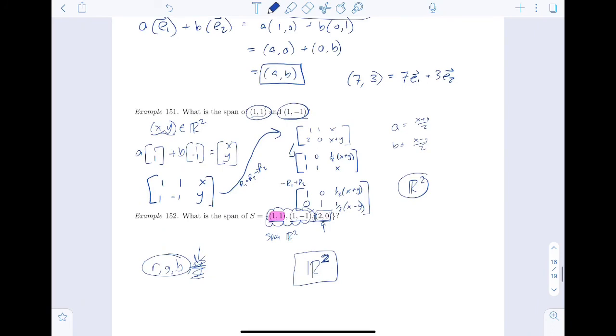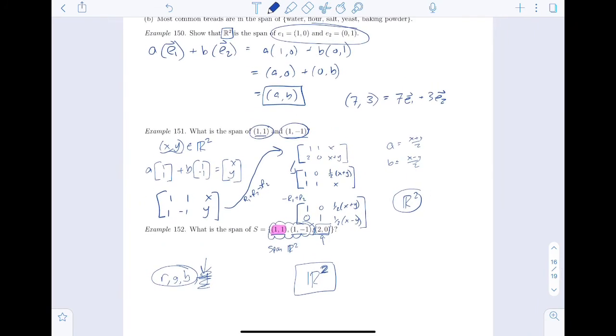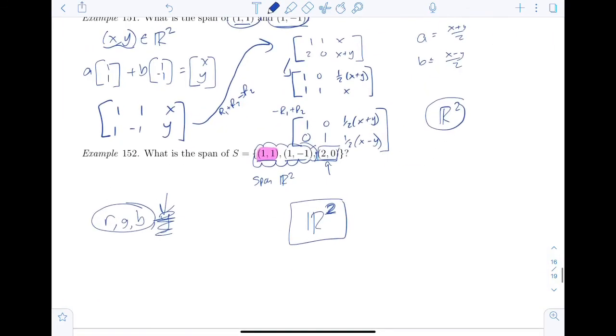So all in all, what I'm trying to get across is the span of two vectors is all the things that you can make out of those two vectors. To go back to examples earlier and to Calc 3, if we have a plane in R3, that plane is determined by two vectors, right? And with two vectors, you can think of all the ways in which you can add these two vectors, right?